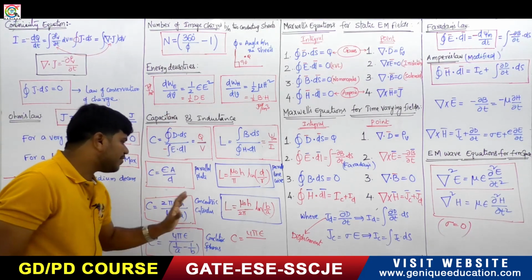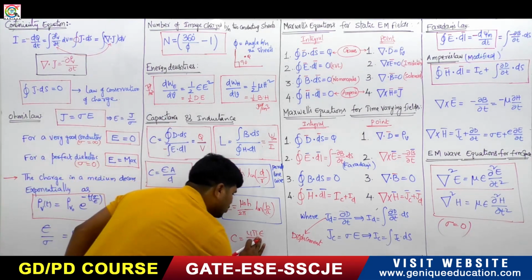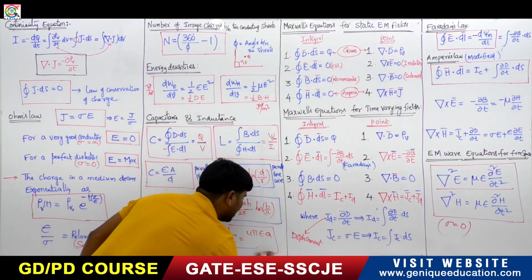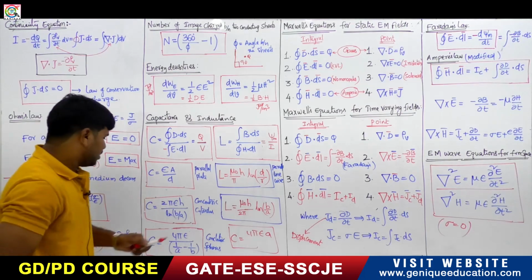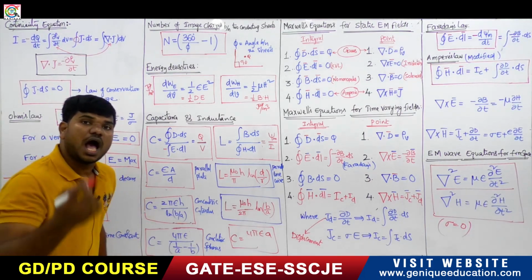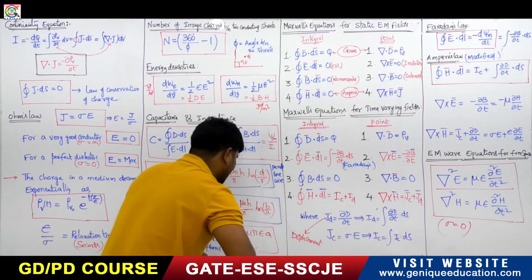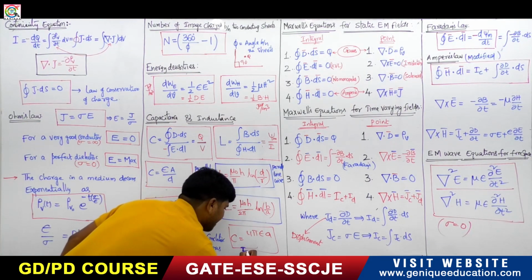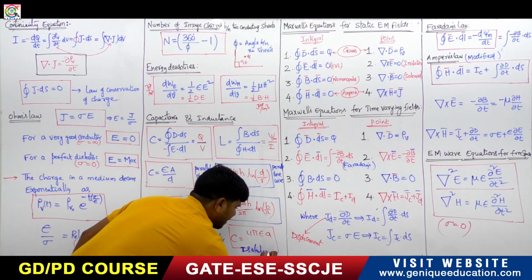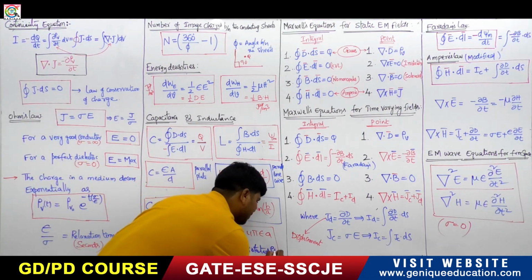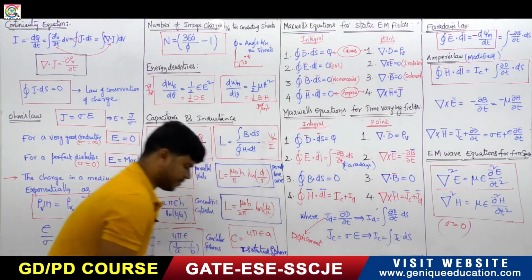So 4 pi epsilon divided by 1/a, which equals 4 pi epsilon a. This is called the capacitance for the isolated sphere.